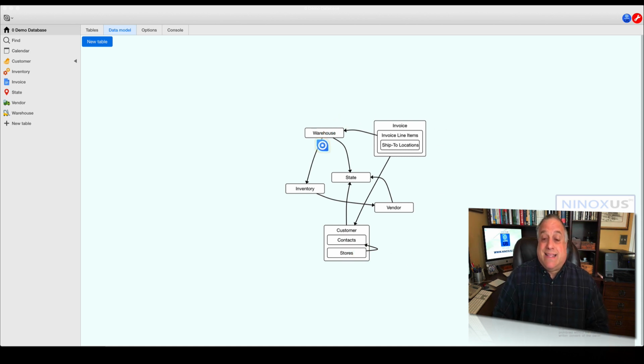We have, in this particular picture, 6 stacks or 6 families of tables. The warehouse table, invoice, inventory, state, vendor, and customer. Each of these is a parent table.